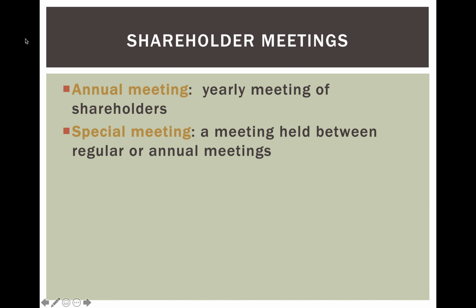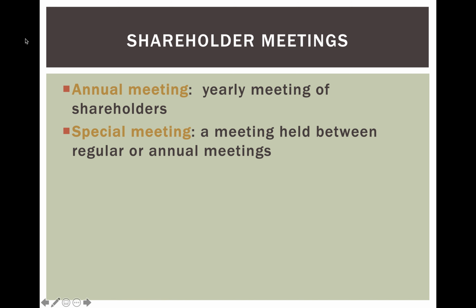As I mentioned, there should be a yearly meeting for shareholders, but sometimes there are also special meetings. These are held between the annual meetings because maybe something has come up that needs to be discussed or voted on, or maybe some directors have left.